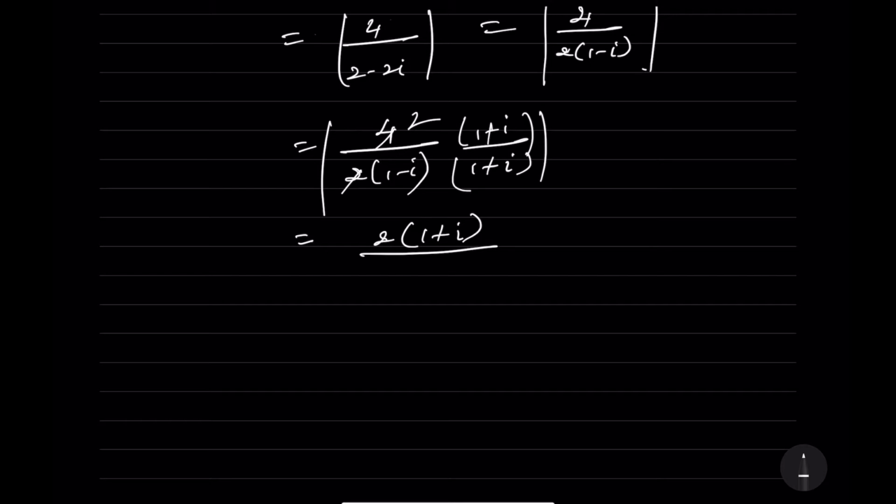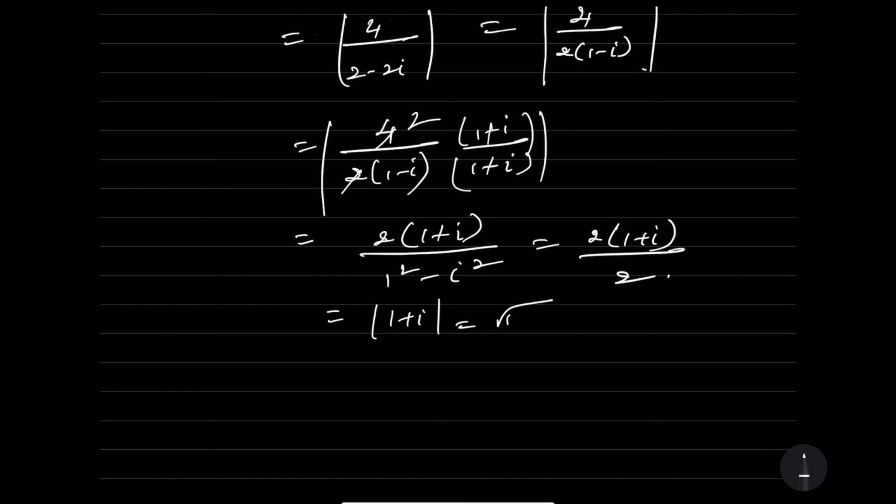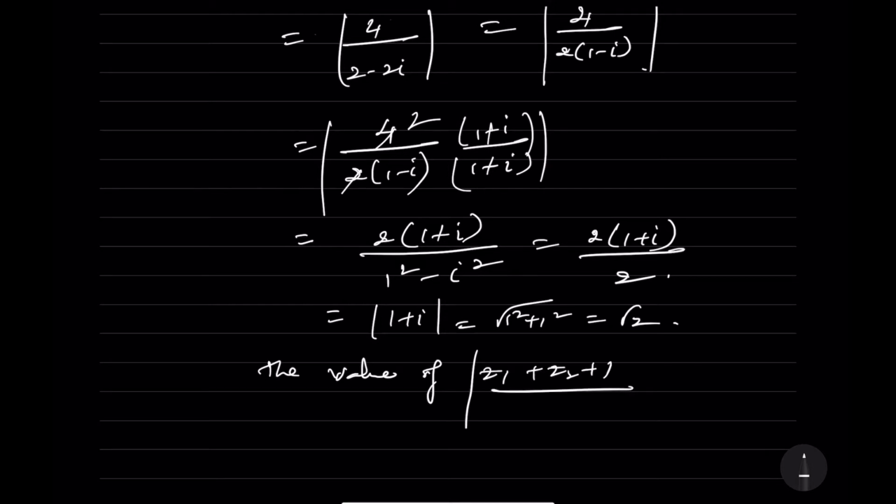So the mod of (1 + i) is equal to root of 1² + 1², which is equal to root 2. So the value of the modulus of (z1 + z2 + 1) / (z1 − z2 + 1) is root 2. That is the answer.